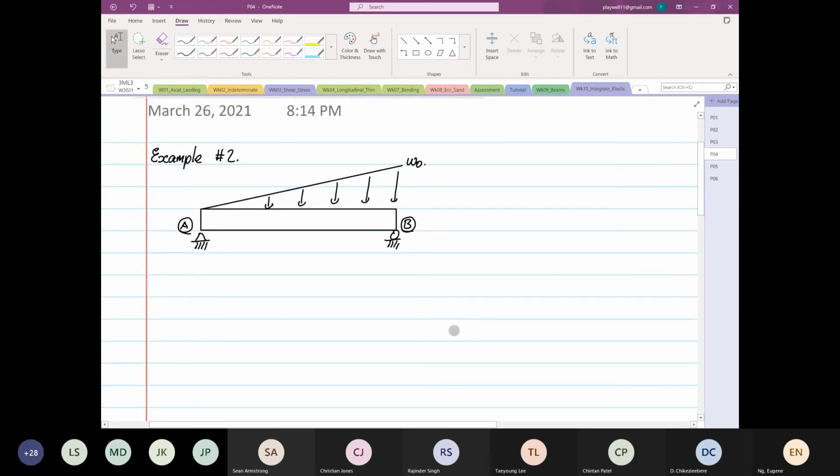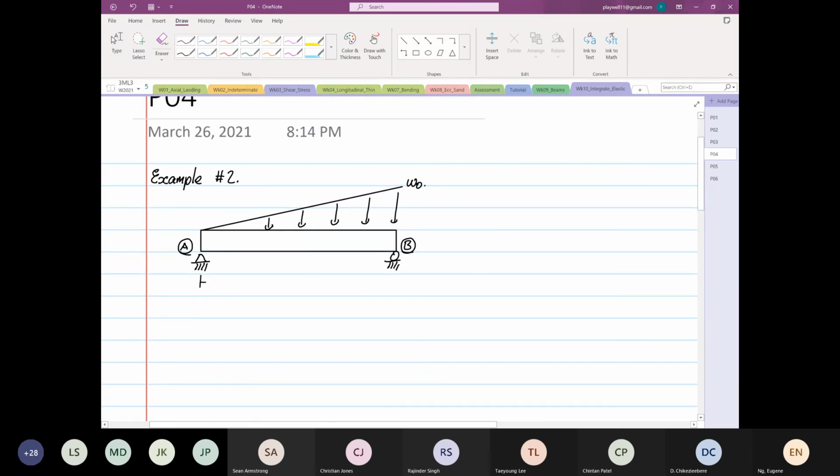We're not going to work with numbers. We just know this is omega naught, and the distance from here to here is L. So we're going to find the deflection.